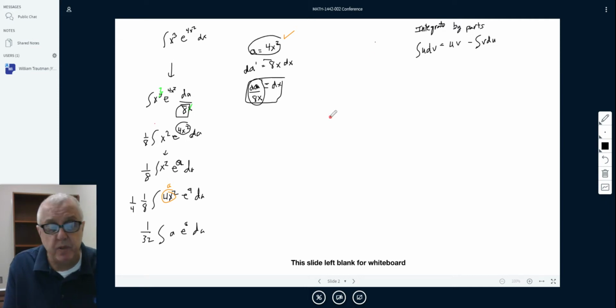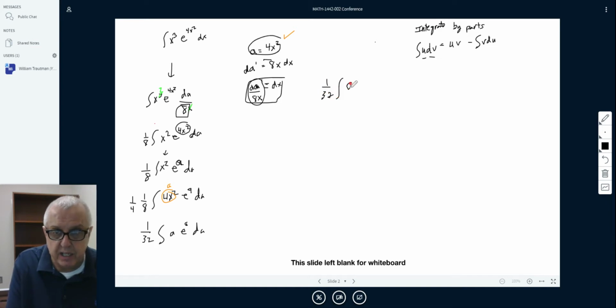So when you integrate by parts, you need u and you need dv. So I'm going to go ahead and rewrite this right up here. 1 over 32 integrating a e to the a, take the derivative of a, and I'm calling u equals a, and dv equals e to the a.